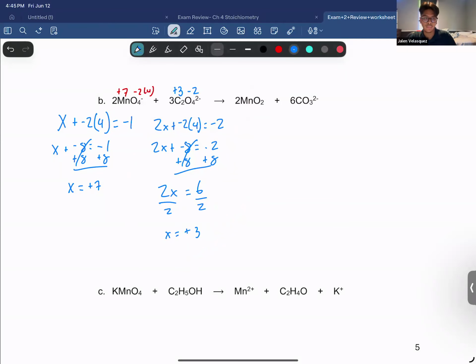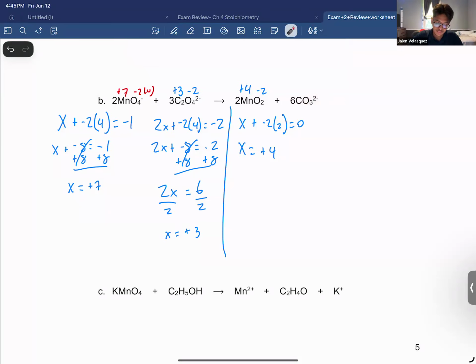Okay, now we go to the product side. We have MnO2. So again, we have to figure out what Mn is. So x plus -2 times 2 is equal to 0. So we know x here is equal to +4. So Mn is +4, O is -2. Then finally we have the carbonate ion.